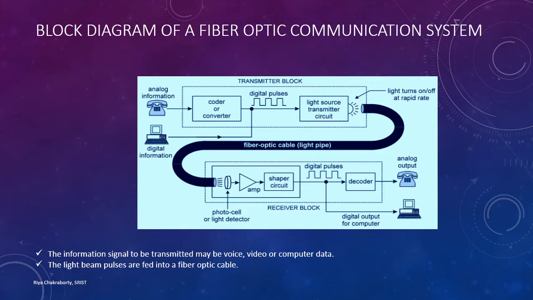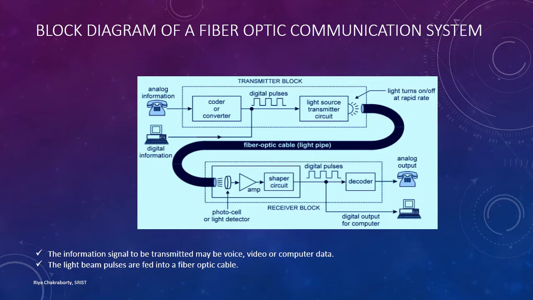These digital pulses are then used to flash a powerful light source off and on very rapidly. The light source is usually an LED. The light beam pulses are then fed into a fiber optic cable. At the receiving end, a detector is used to convert the light pulses into an electrical signal.